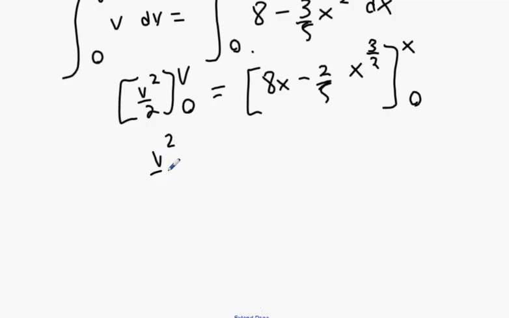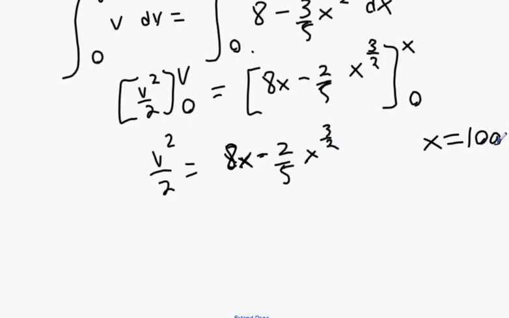So it's going to be v squared over 2 equals 8x minus 2 over 5 x to the power of 3 over 2. But we know that x equals 100, so we can put that in.